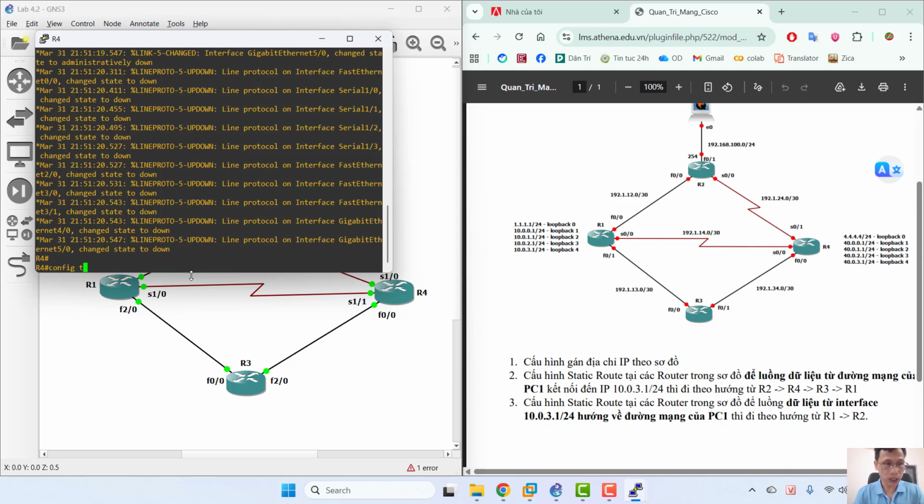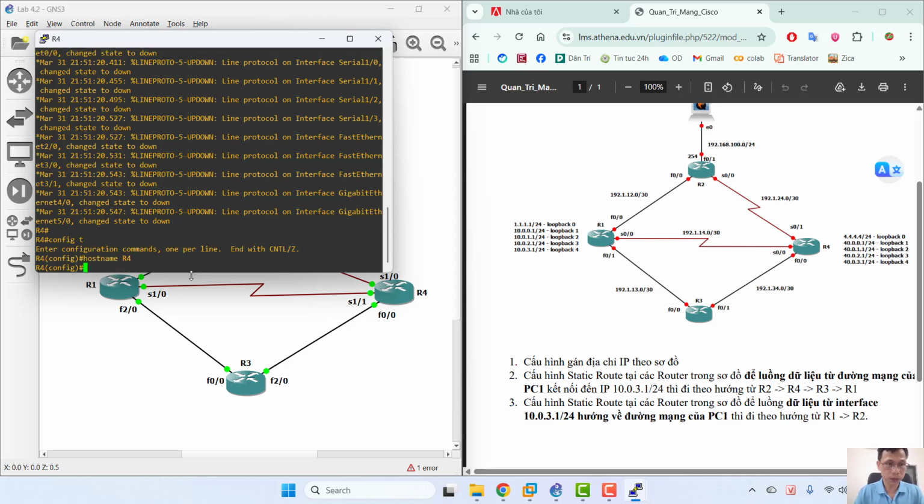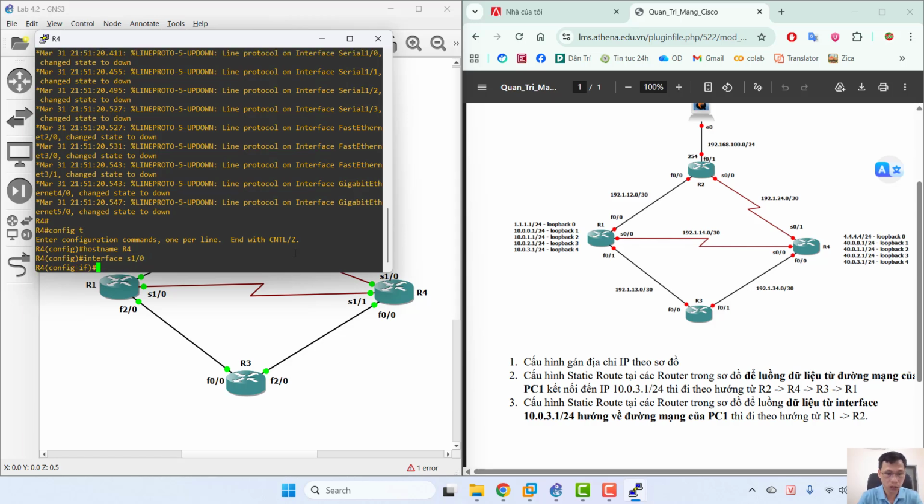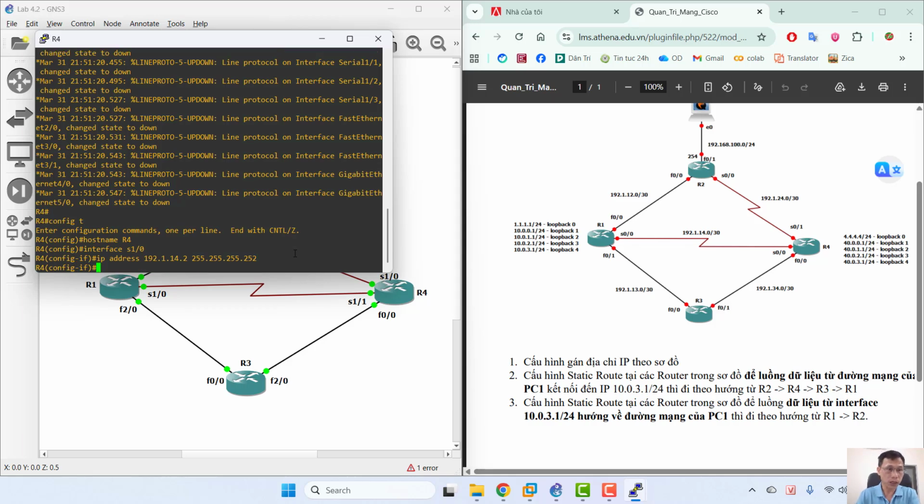Config t, hostname R4. The interface here is S1/0, IP address 1.24.2, 255.255.255.252, enter, no shutdown.